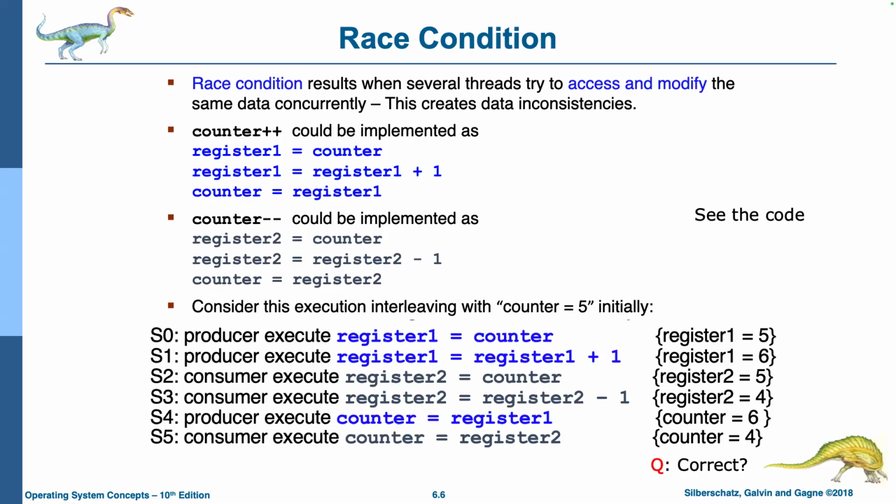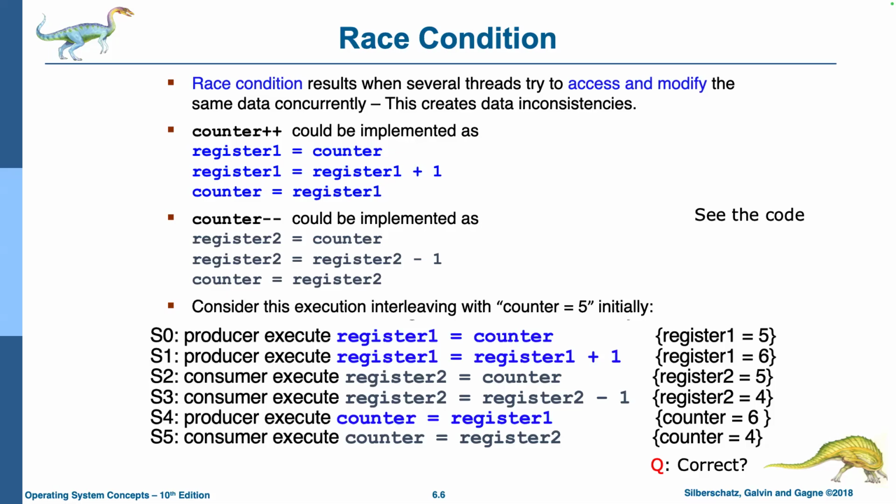It's not correct. Why is it not correct? Because it's a shared value. This counter is a shared value in the memory. Register 2 read the counter here, but this value is still not yet written by the CPU from the register.